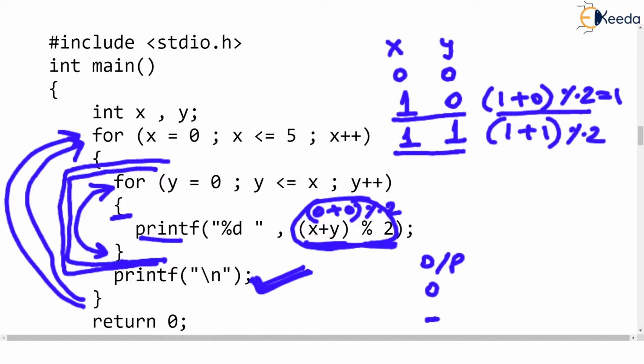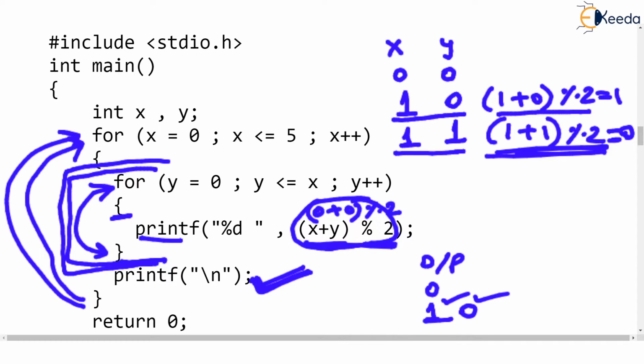So 1 will get printed. And this is 1 plus 1 % 2, which is 2 % 2. 2 % 2 is 0. So 0 will get printed. Just check that. This work of printing 1 and 0 is done by the inner for loop, because the inner for loop varies y from 0 to x, and for each value it prints x plus y percent 2.